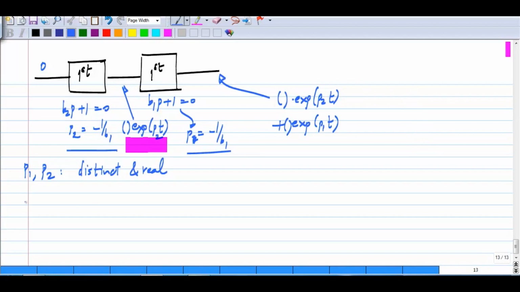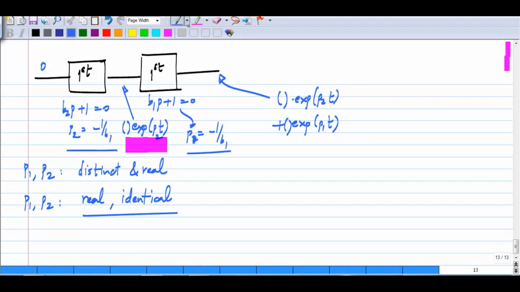Now let's imagine a second case where P1 and P2 are real and identical. This happens in the quadratic equation when A2 square is 4 times A1.